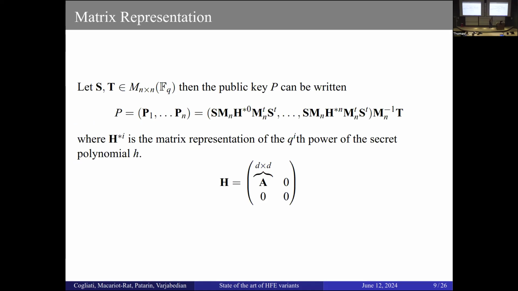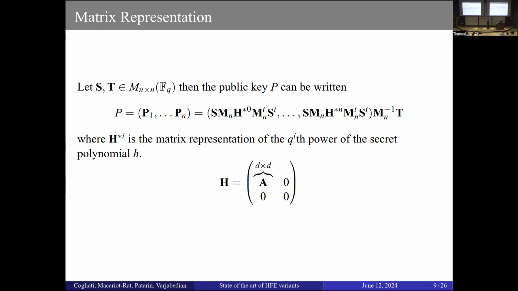So in order to conduct a MinRank attack, I will need to have a matrix representation of our problem. As you can see, I have noted S and T just like earlier, and Mn will represent the phi isomorphism.